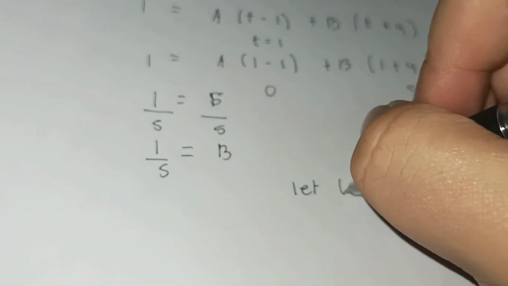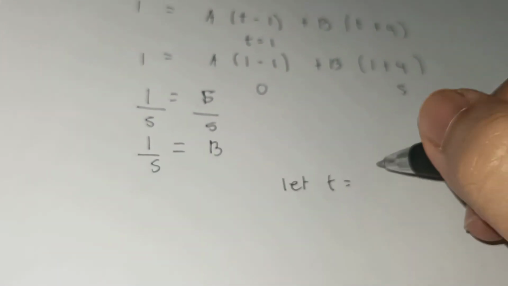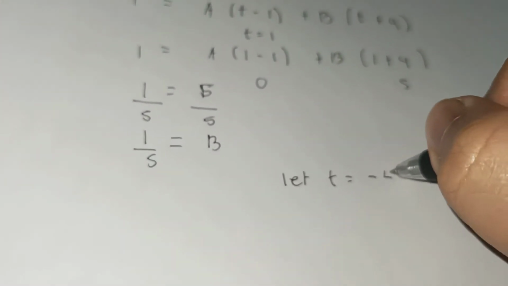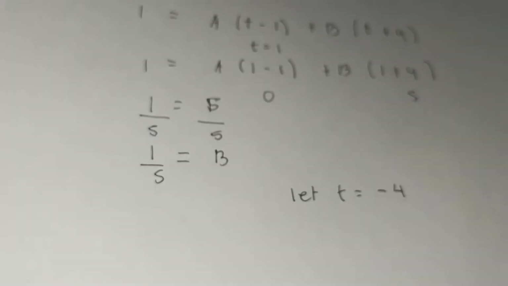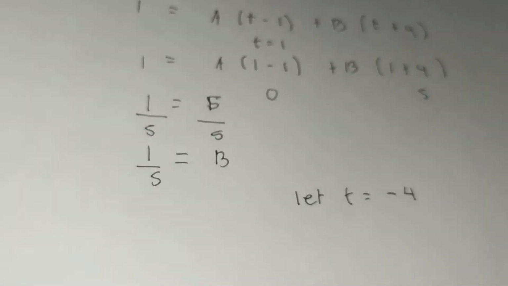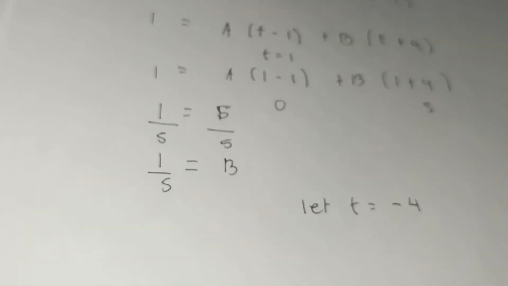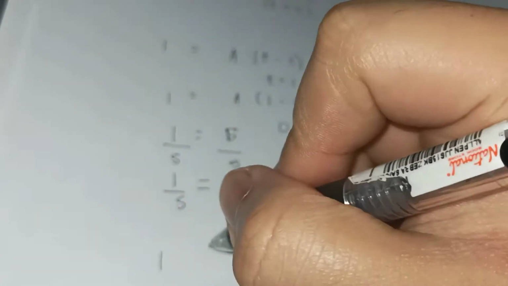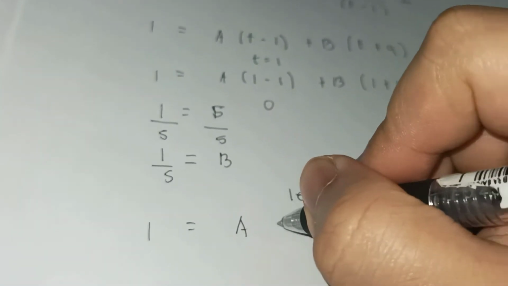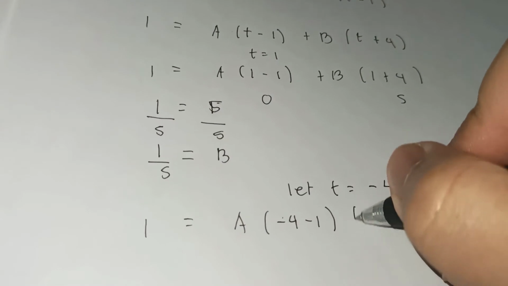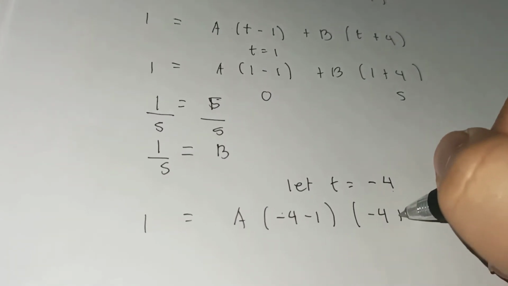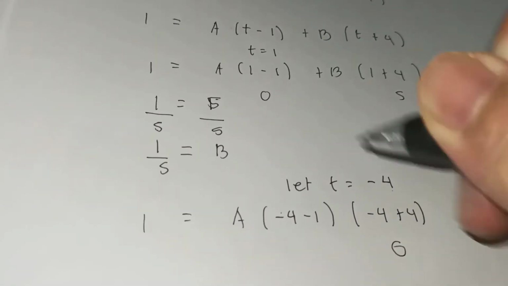Now for A, let t equal negative 4, and we try to solve it now. Just copy 1. A goes to negative 4 minus 1, and then negative 4 plus 4, so it's 0 here.